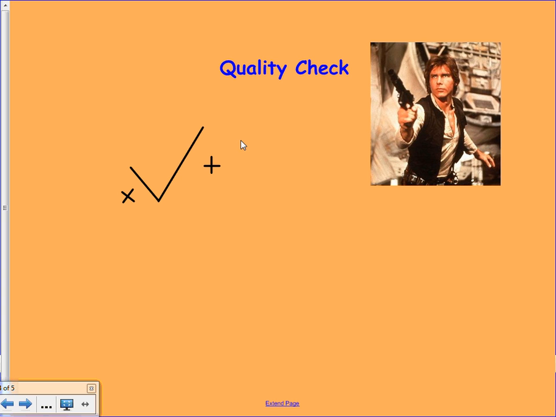What about if I do 5 and 1/8? See if you can find what this is as an improper fraction. The first step, make a check mark. If you did that, give a thumbs up. Great.